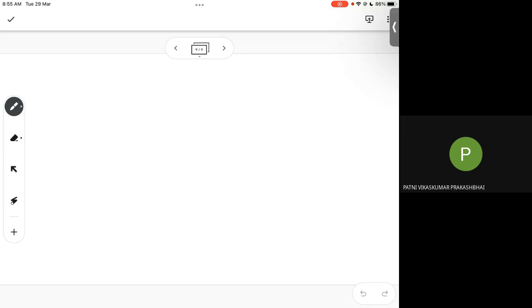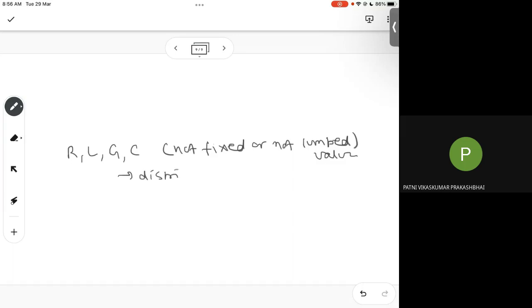Another thing to be noticed here is that these R, L, G, C are not fixed values, not lumped. We use the word lumped, as I told you in my first lecture. They are distributed in nature, because at every point on the line, the value changes.